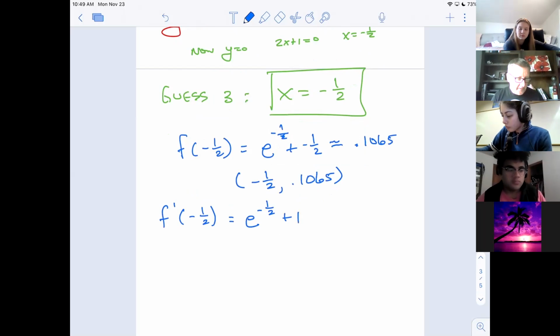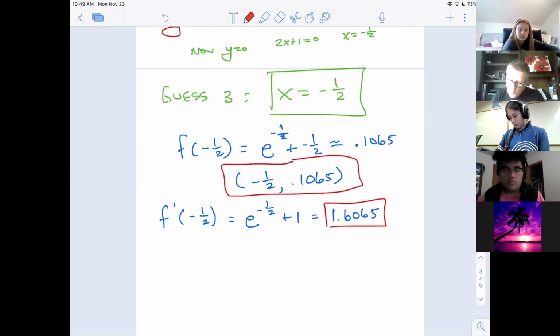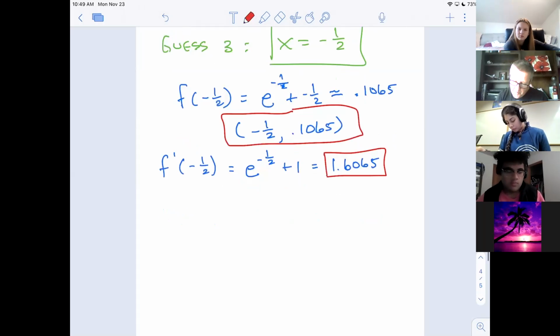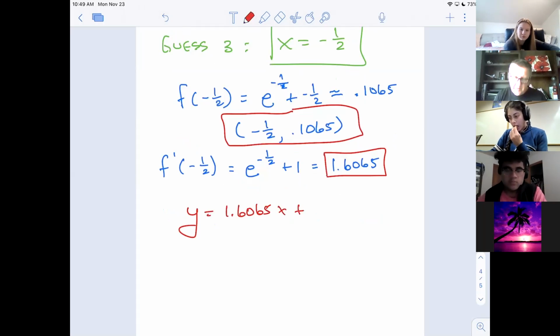And I got 1.6065 for that. So I now have everything I need. I have the slope and I have a point. So that means my equation is y equals 1.6065 times x plus, and I want you to watch this carefully because all I'm going to do after this is just show you a shortcut to do this faster.